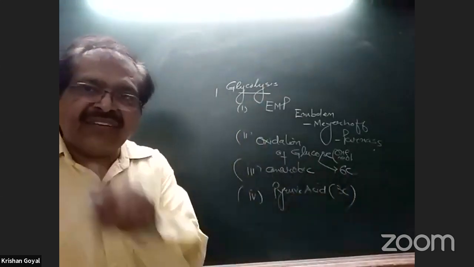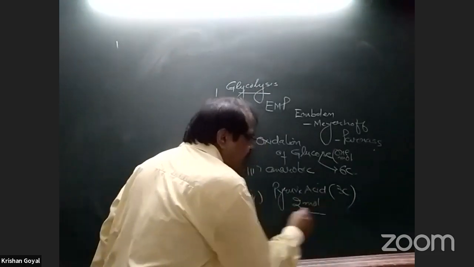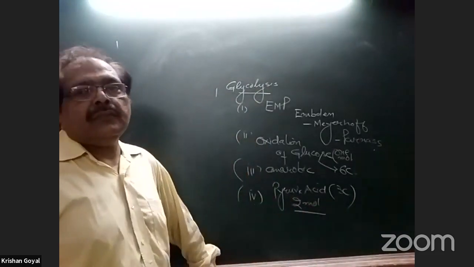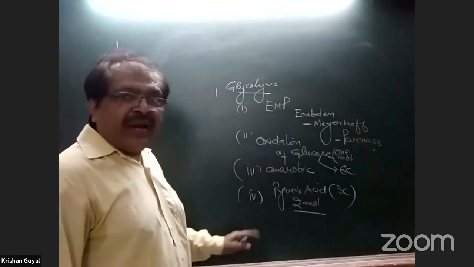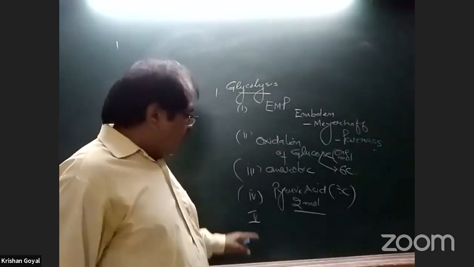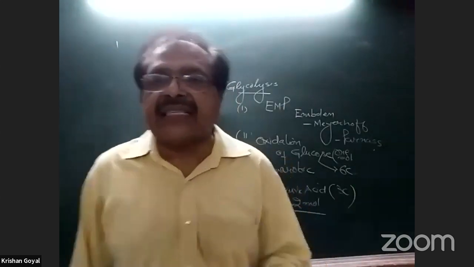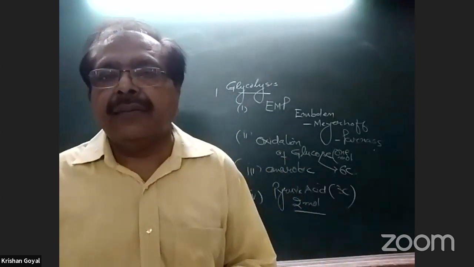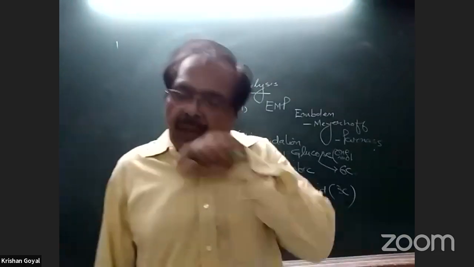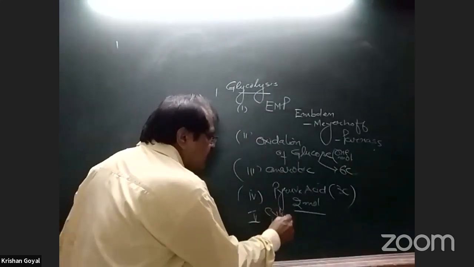It means definitely 2 molecules of pyruvic acid will be formed. And fifth point, glycolysis always occurs in the cytoplasm of the cell.